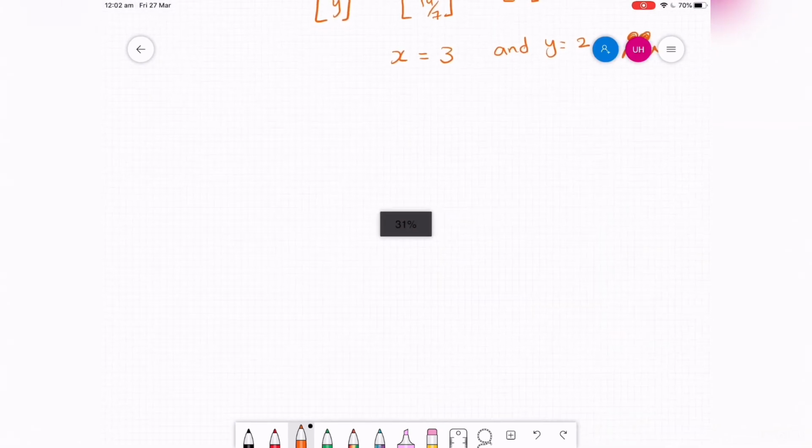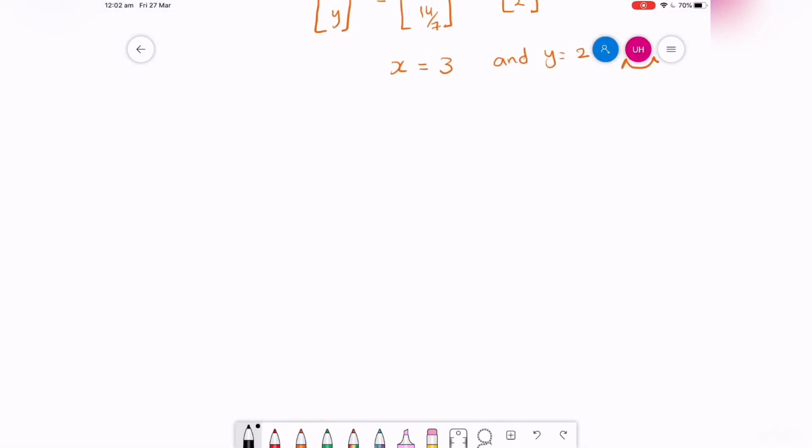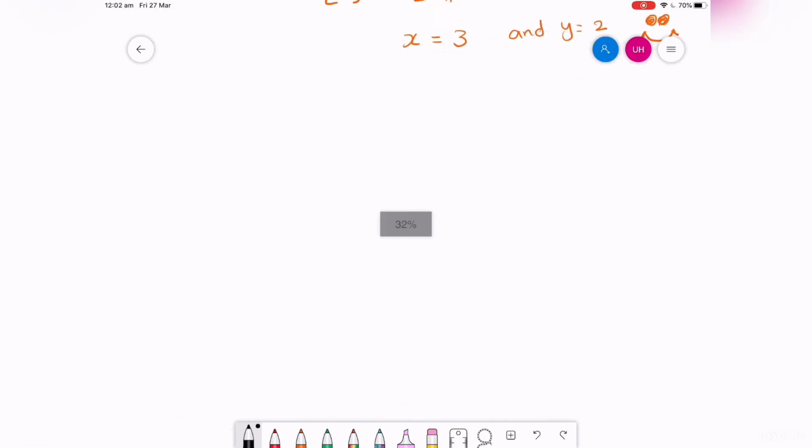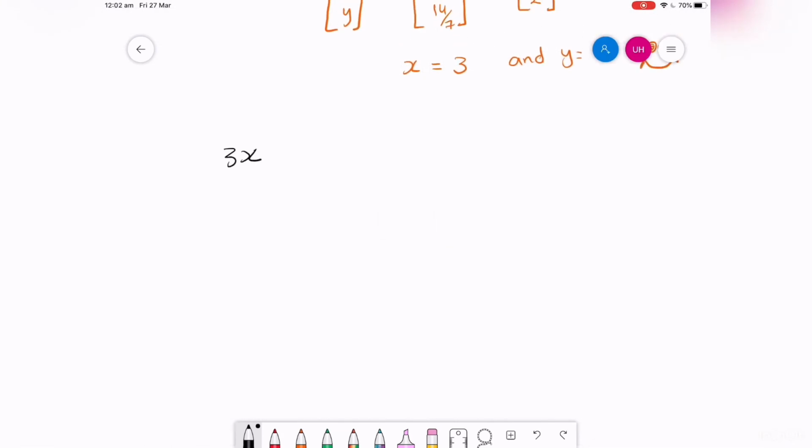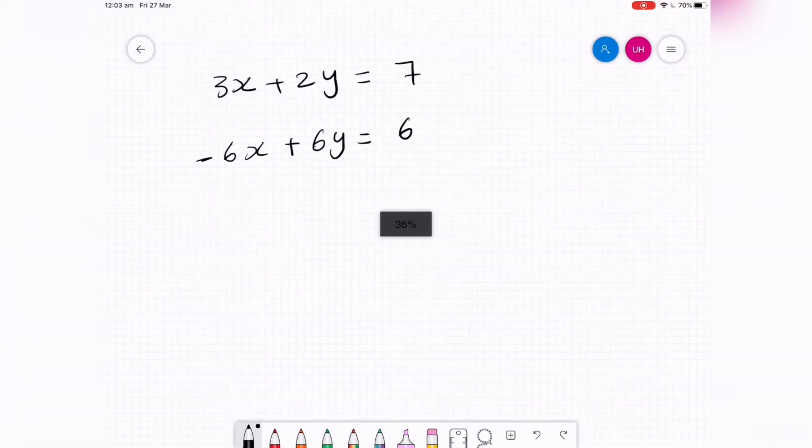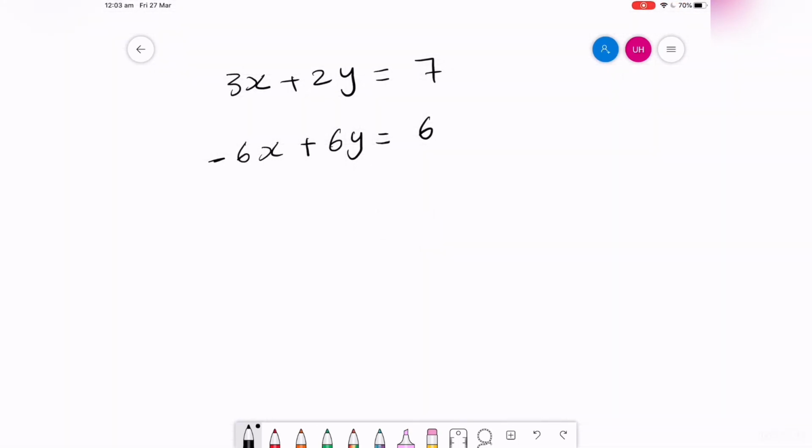Let's take another example. Let's say the two equations we have here are 3x plus 2y equals 7 and minus 6x plus 6y equals 6. So first of all, we need to write these two equations as one single matrix expression.